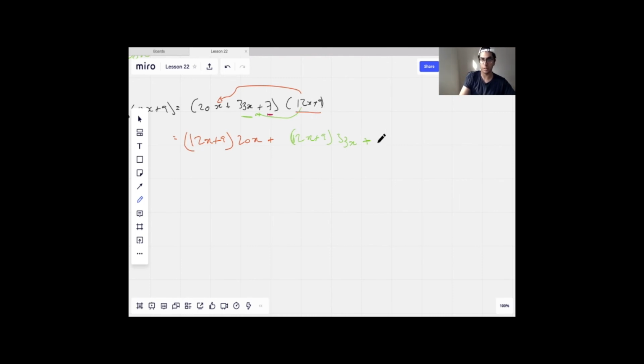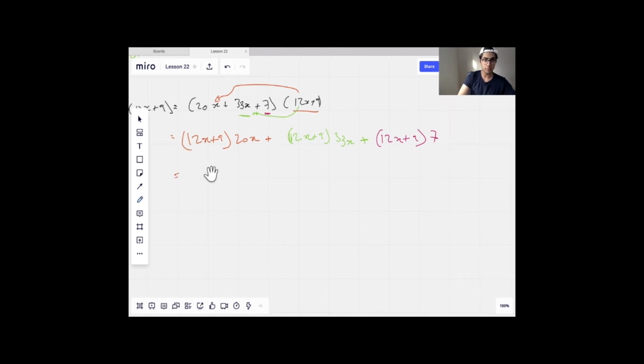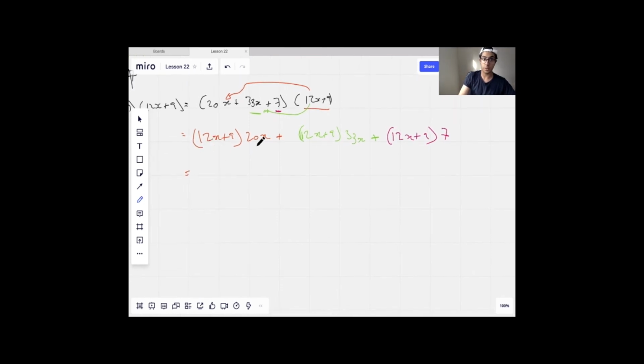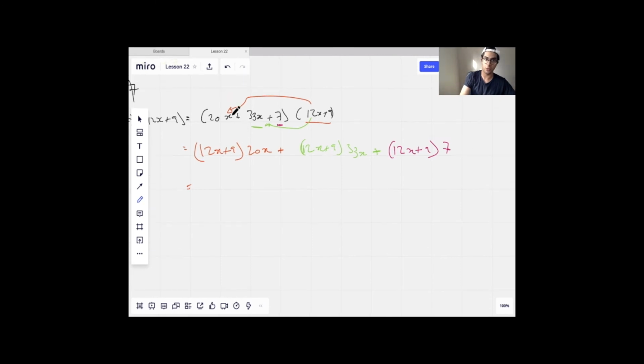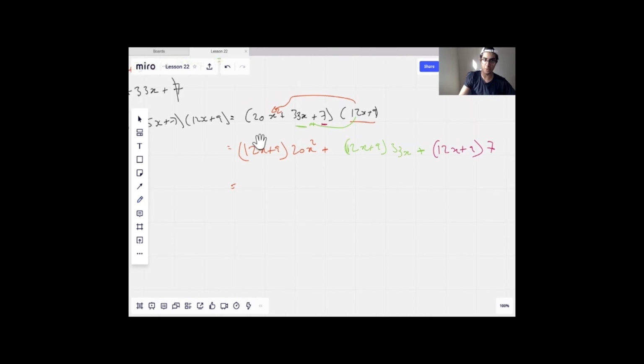And then plus 12x plus 9 times 7. Okay, let's expand everything out. 12x times, see, look at me, I forgot the x squared here. That's an example of where you might go wrong, so it's really important even to copy this stuff correctly.